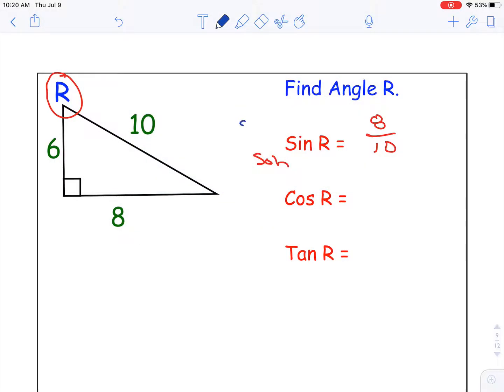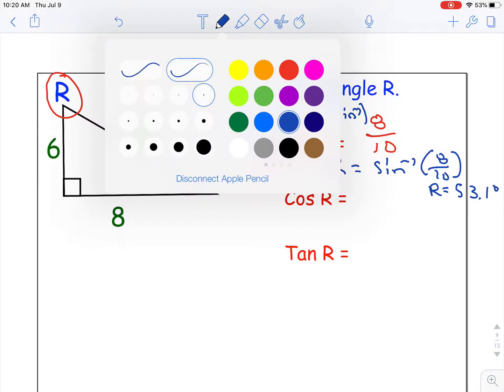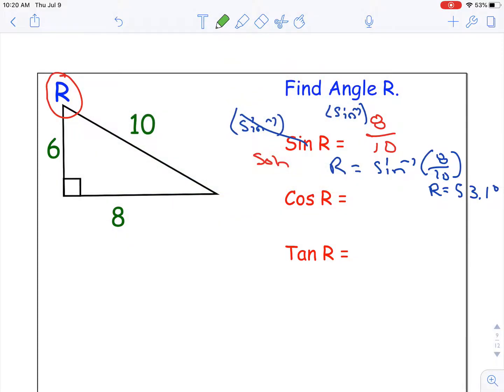And so to find it, we're going to take the inverse sine, we're going to multiply each side by the inverse sine. Those cancel out, so I get R is equal to the inverse sine of 8/10, and so R is equal to 53.1 degrees.